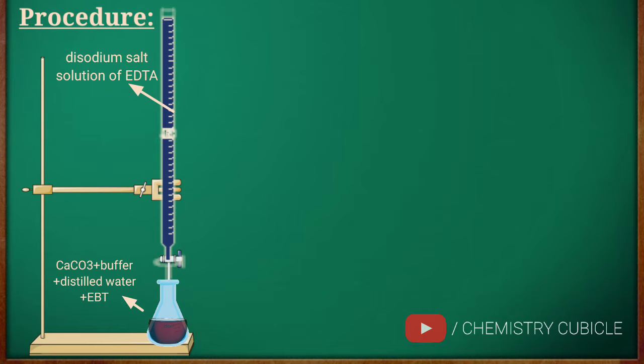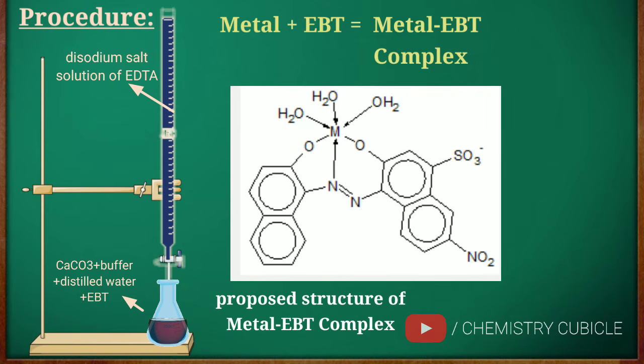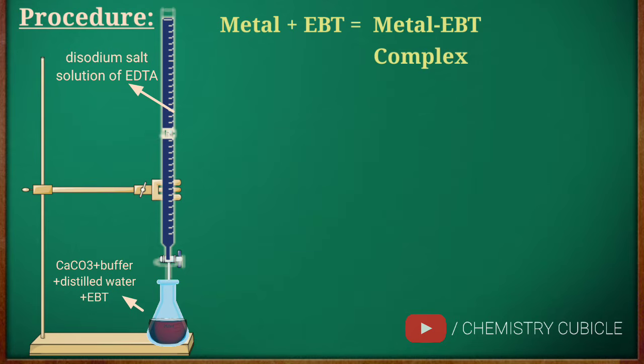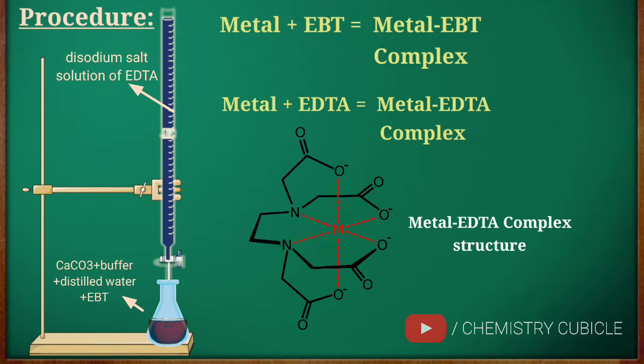Now, with the help of the burette, add the disodium salt of EDTA dropwise in the conical flask. Just like the indicator forms a complex with metal ions, in the same way EDTA, when added from the burette, also forms a complex with the metal ions. That is the metal-EDTA complex.